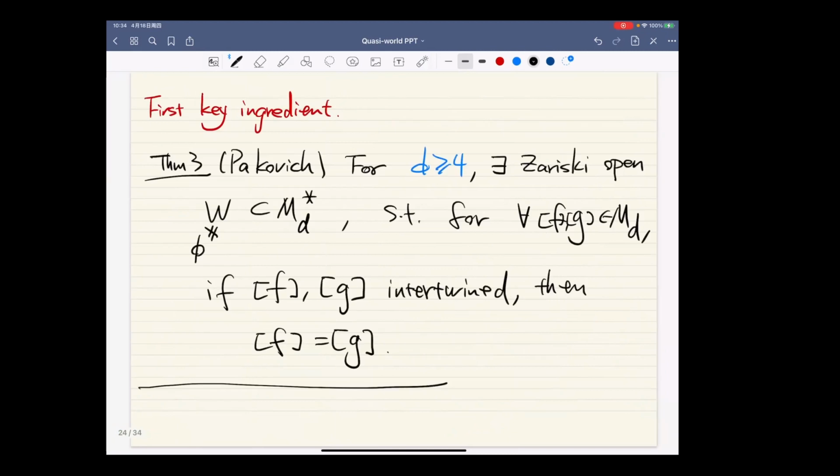Okay, so the first key ingredient of our proof is the following result of Pakovich.